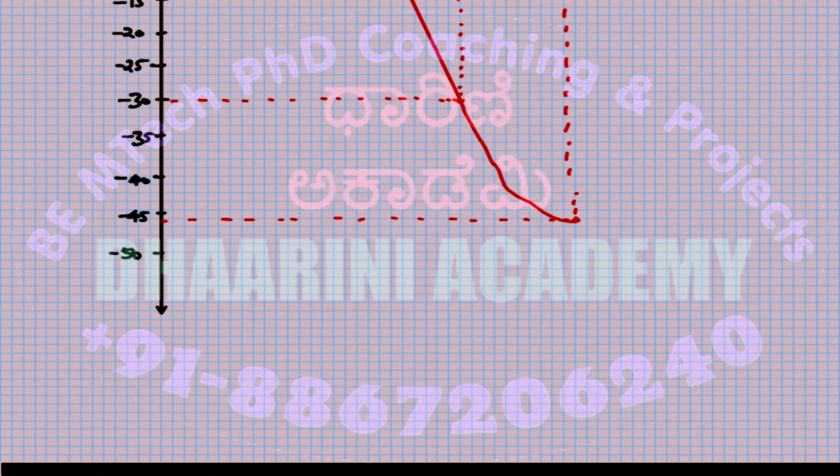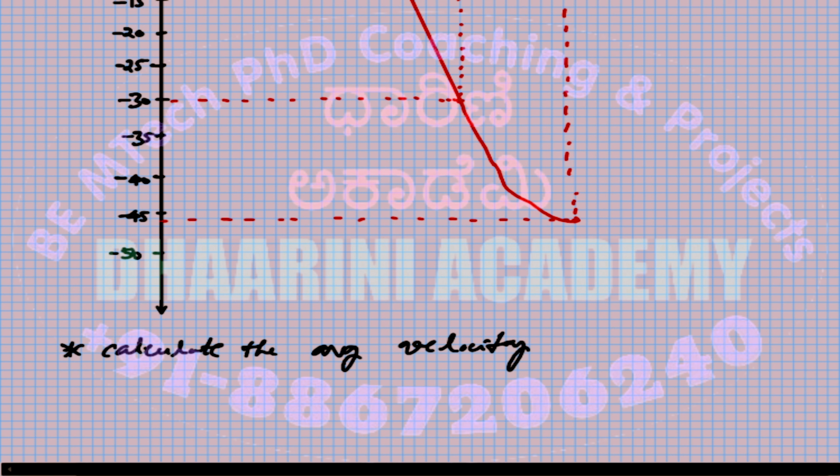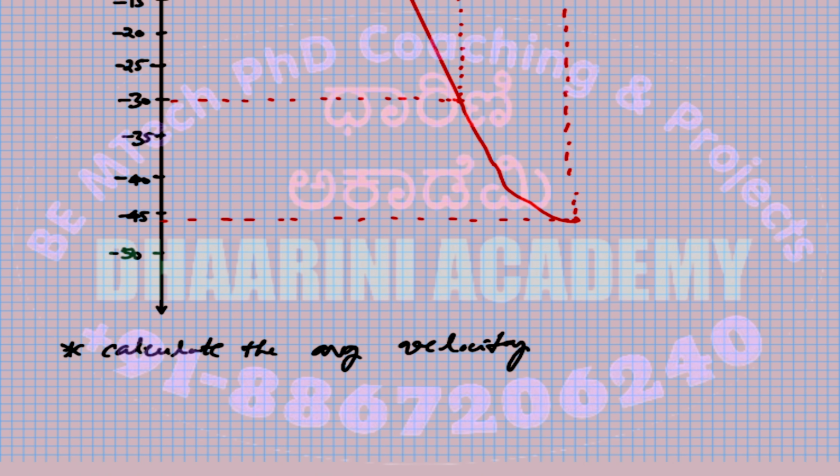So I will ask you one more question related to this itself. I want you to calculate the average velocity of the particle for this given graph, or even this question, whatever they have asked.